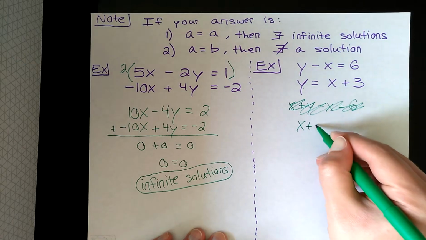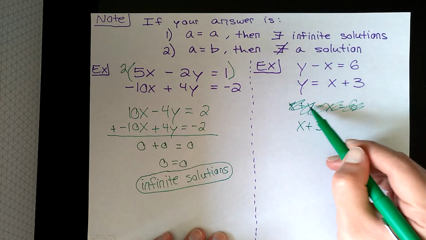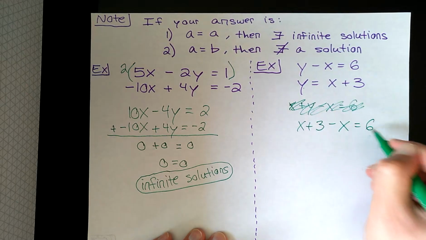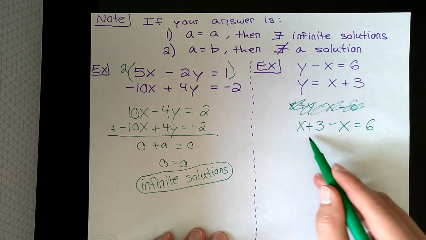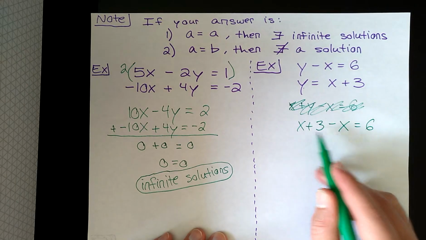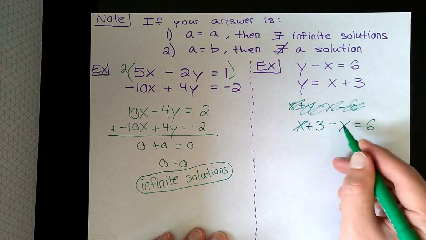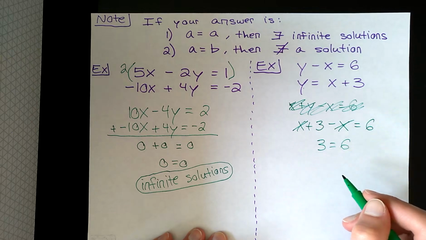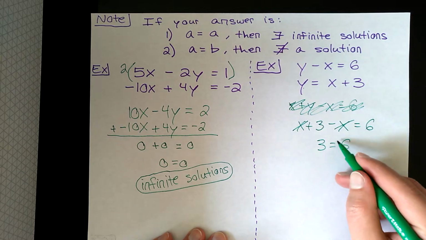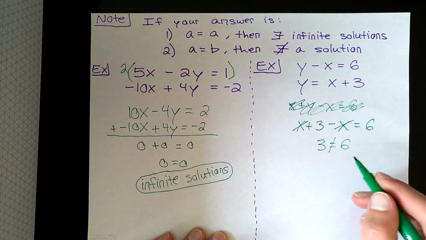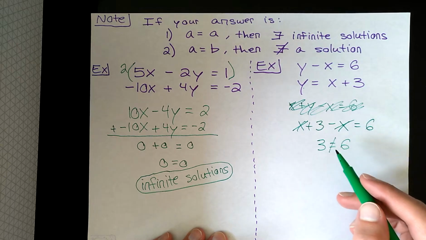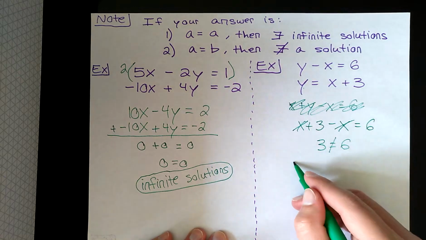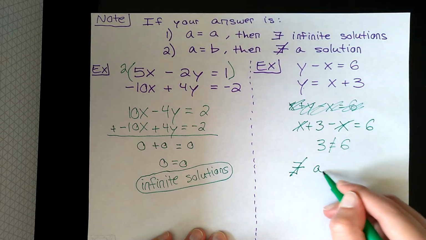We get x plus 3 minus x equals 6. That's better. Now we combine our like terms. x minus x cancels off, leaving us with 3 equals 6. This is impossible. 3 can never equal 6 no matter what x or y values we choose, which means we have the second case, a equals b, meaning there does not exist a solution.